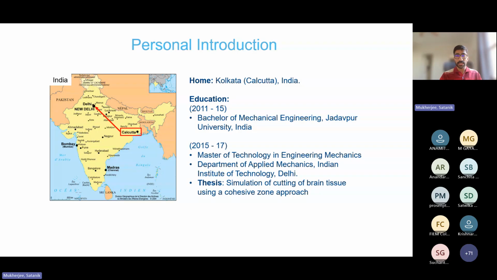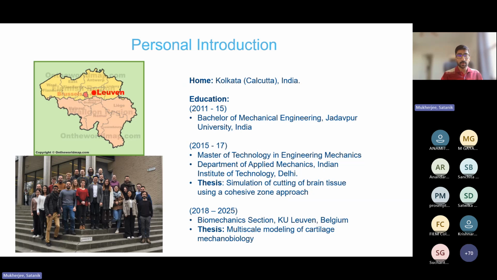With this interest, I went on to pursue my PhD also in this field of applying mechanical principles and combining them with biology. I moved from India to Belgium, to a city called Leuven, which hosts the University of Leuven, a 600-year-old university and one of the oldest universities in Europe.